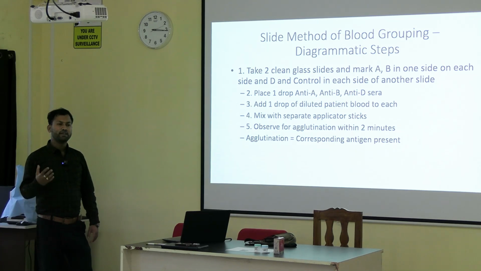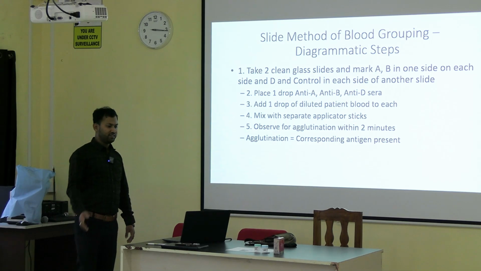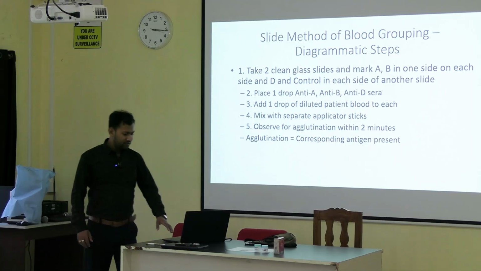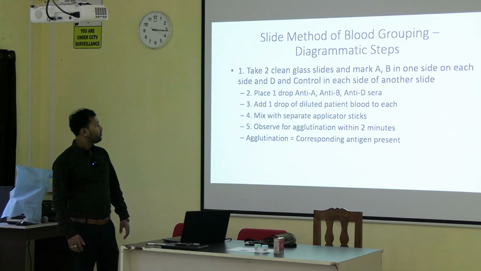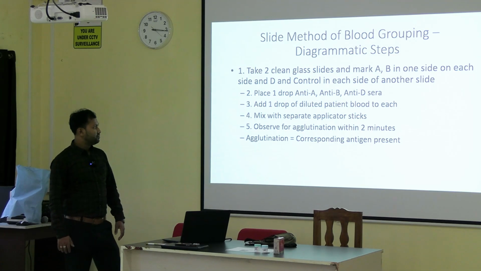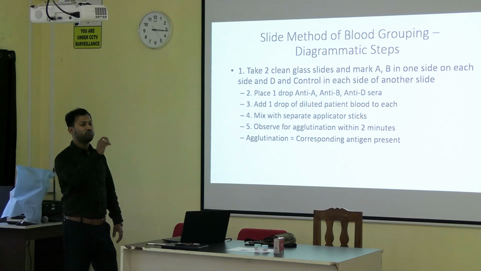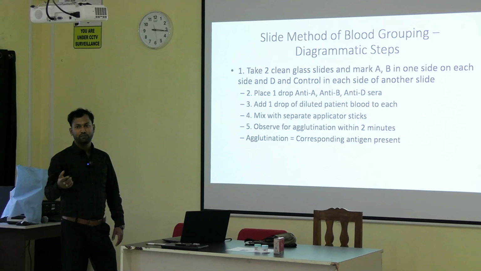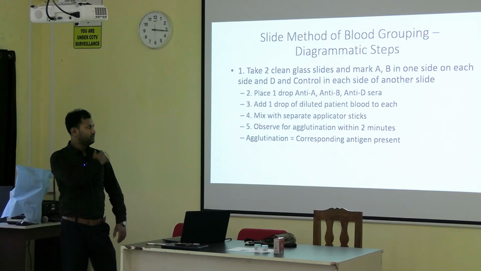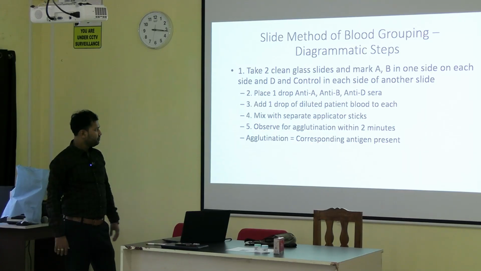If you put concentrated blood, that may show a false negative result. Then we mix with separate applicator sticks. Once you have used one stick, you cannot contaminate it with another blood drop, otherwise there will be a false positive result. Then observe for agglutination within 2 minutes.